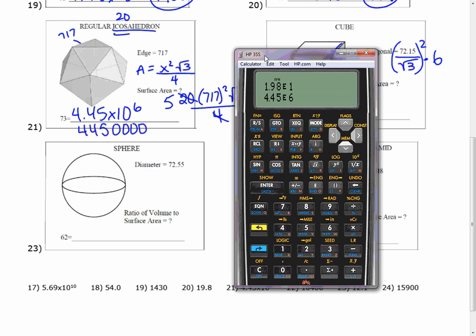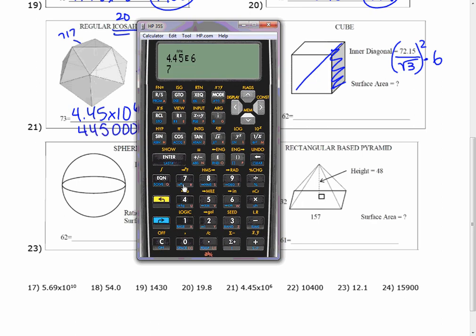So in the calculator, we'll take our 72.15, enter, 3 square root divide, blue squared, 6 times. So we get 1.04 times 10 to the 4th, or move that 4 times over, and we get that value.